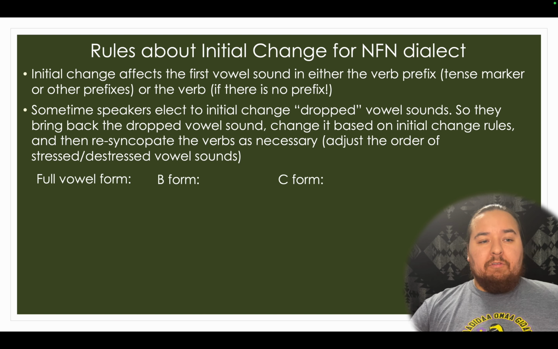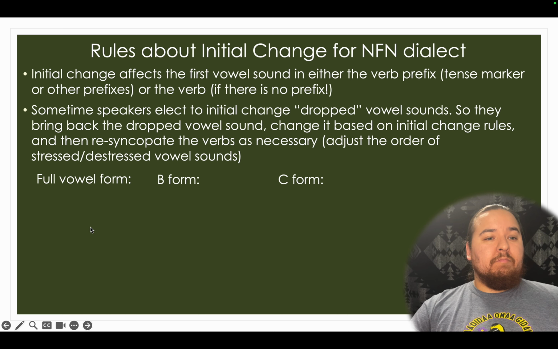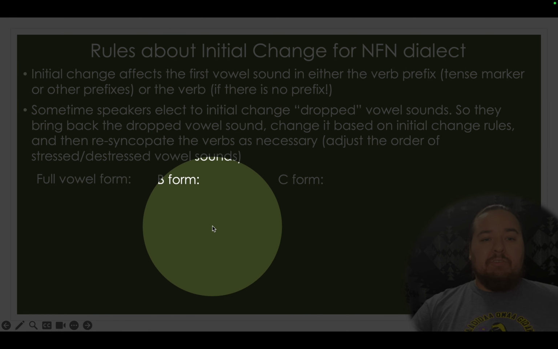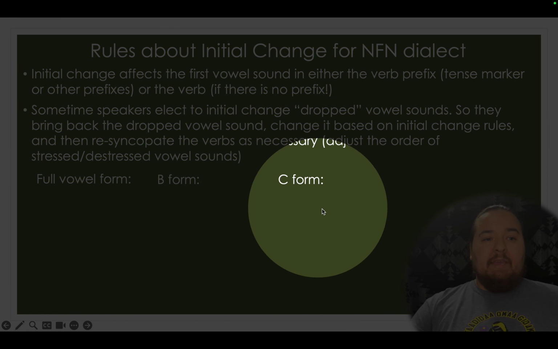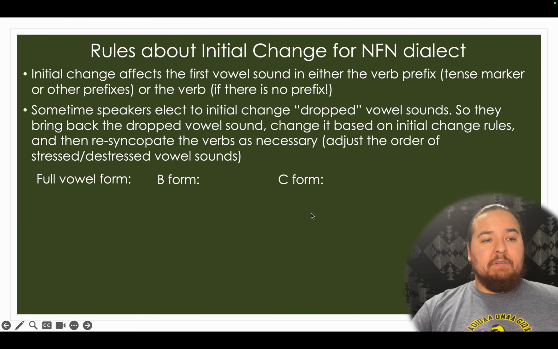So we'll have our full versions of our words here. This is why it's important to learn your full non-syncopated versions of our words. So we'll have it over here. Then we'll have the B form so that you have the suffix. And then we'll practice the C form here, so the initial change. So wisne.